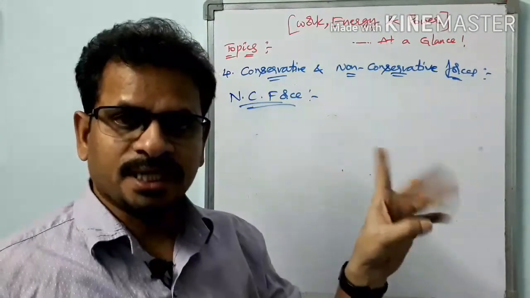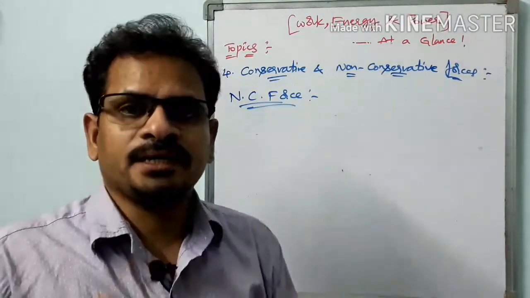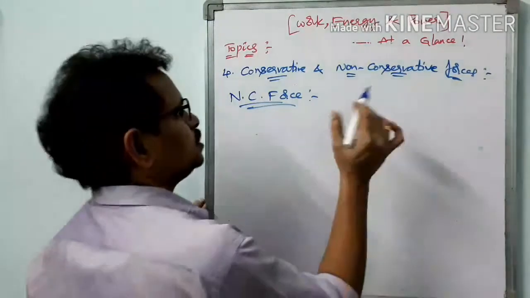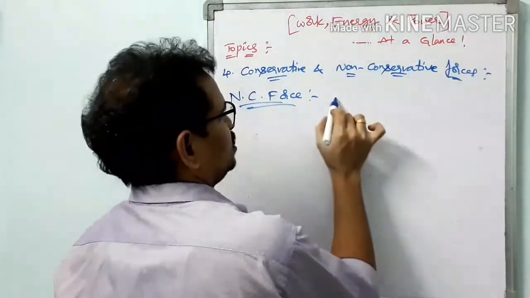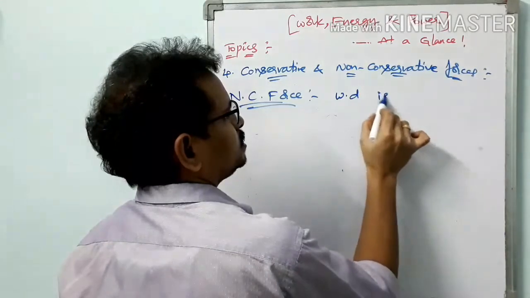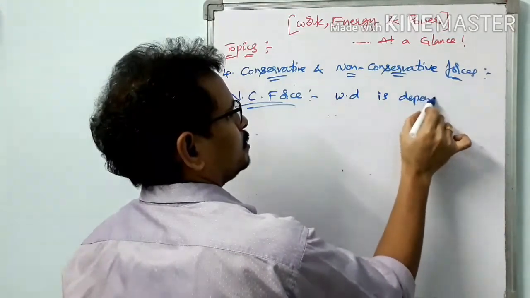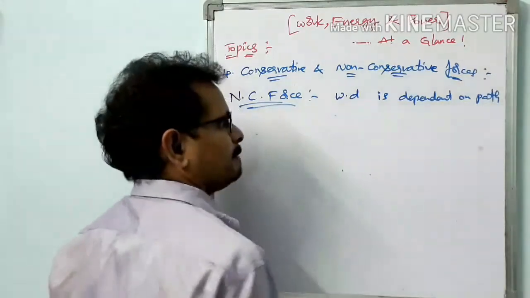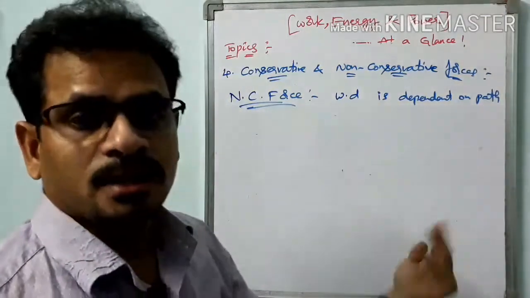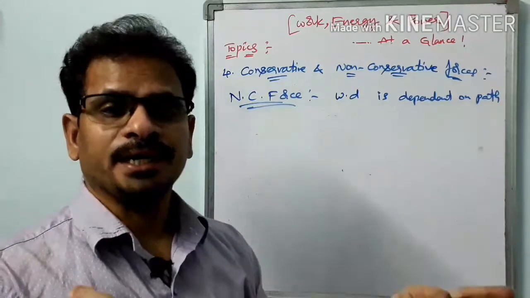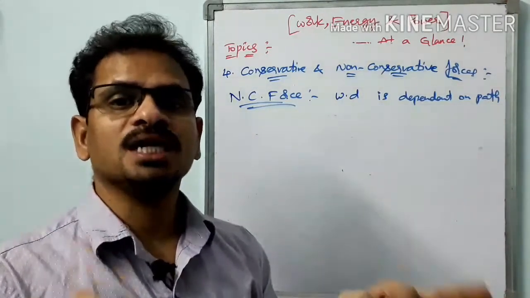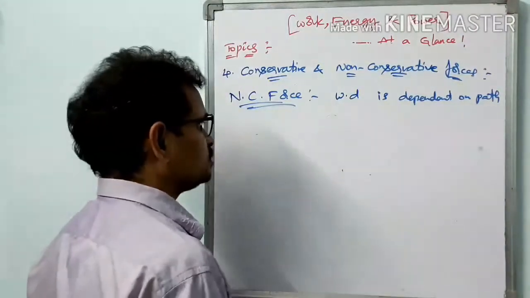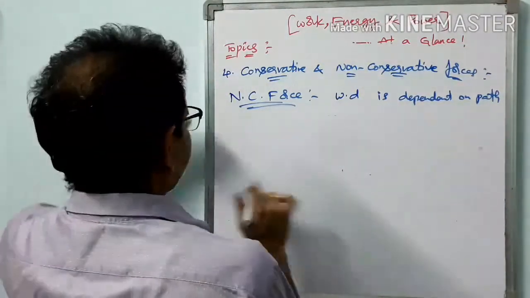In the case of a conservative force, it is independent of path, but here it is dependent on path. So the work done is dependent on path. Such a force is known as a non-conservative force. If the work done by any force depends on the path followed by the object, then such a force is called a non-conservative force. Let us take an example here.